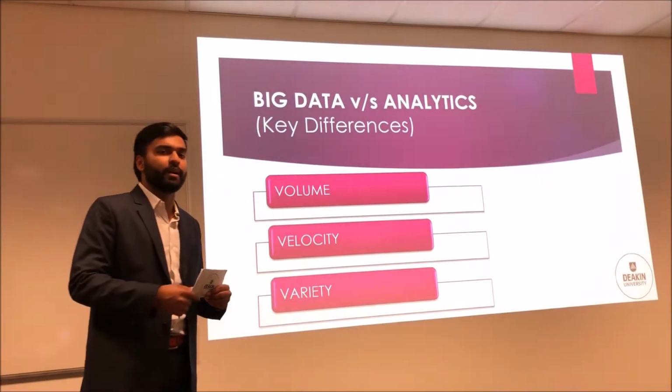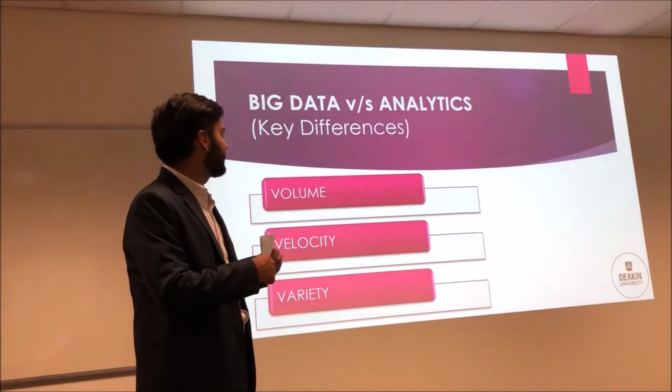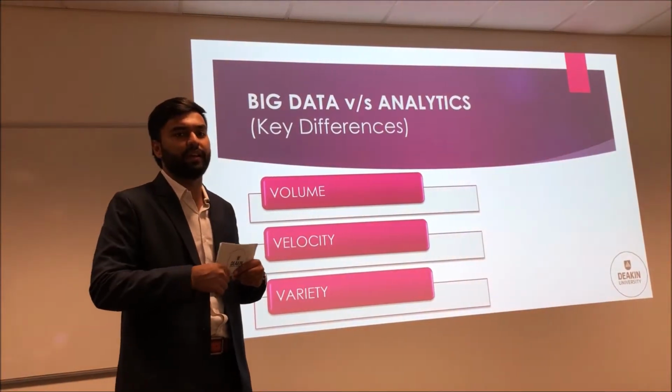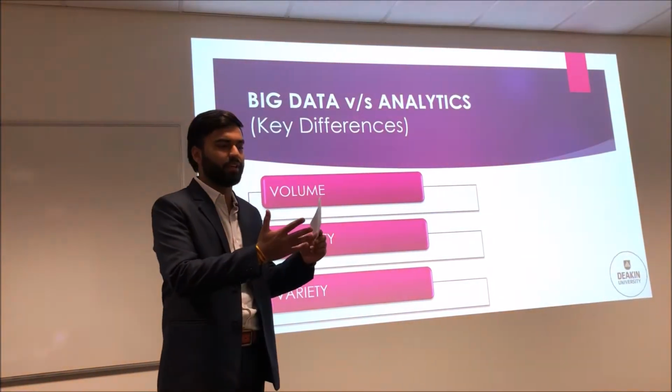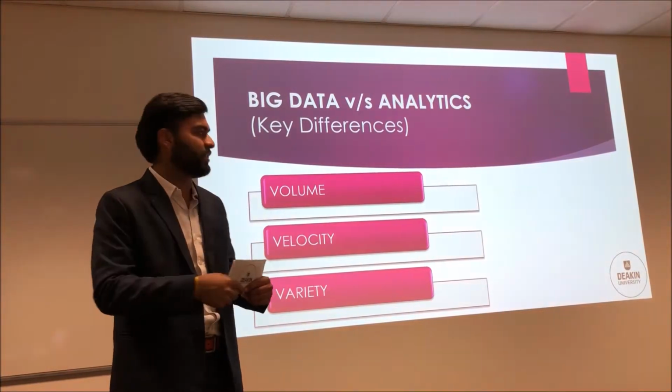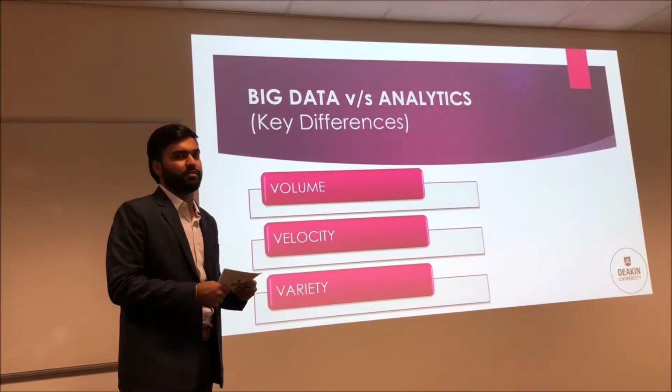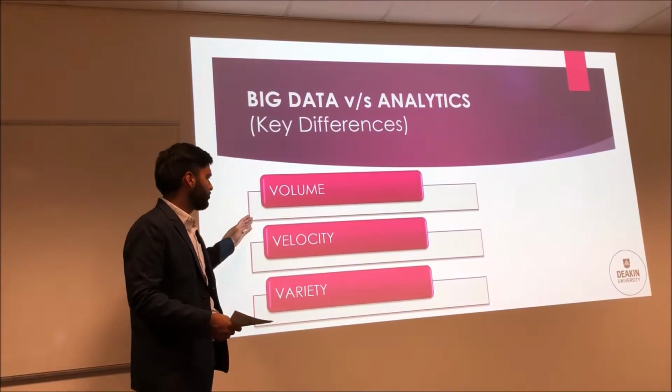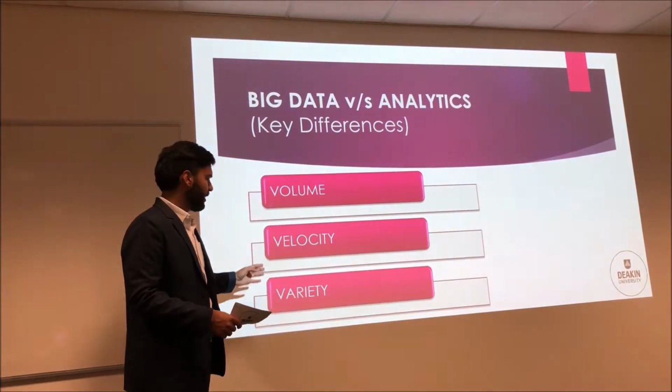And now we come to the second part of the video, the key differences between big data and data analytics. What has changed when we jumped from analytics used in the past to big data? These are the three key differences: volume, velocity and variety.